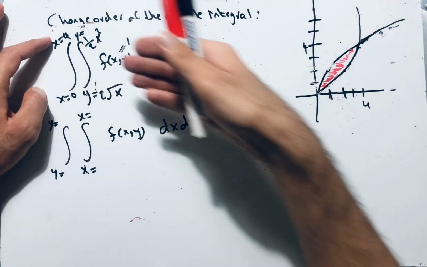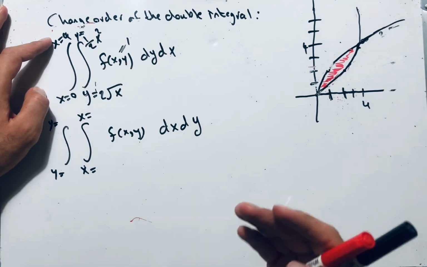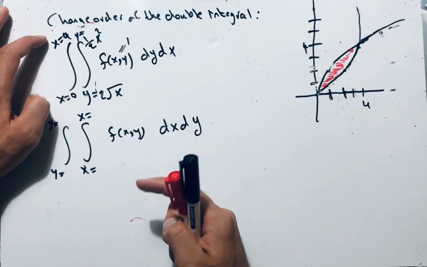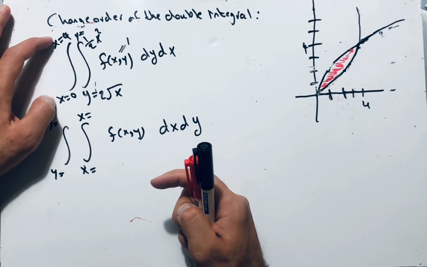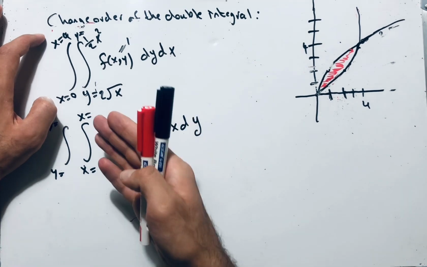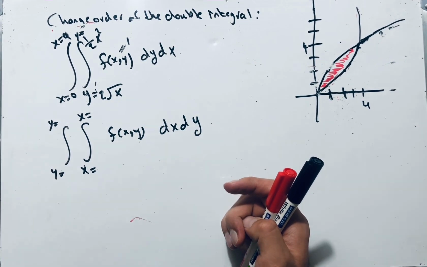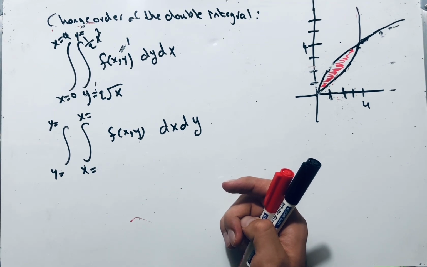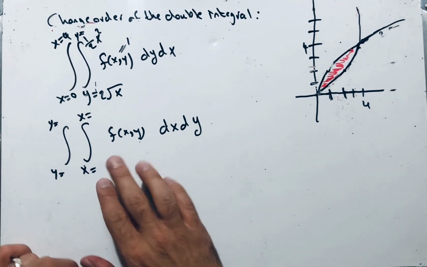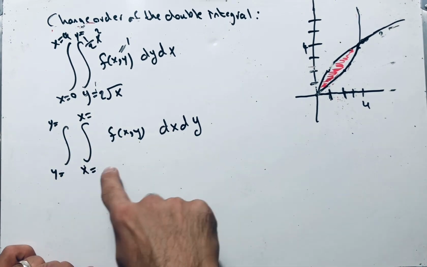The inside one could be numbers, variables, or functions, it doesn't matter. But the last two limits, lower and upper, should always be numbers, the same way this has x equal to 0 and this has x equal to 4. So the only thing we need to figure out is these four values.